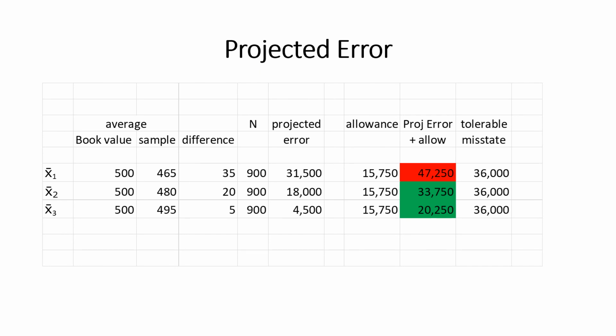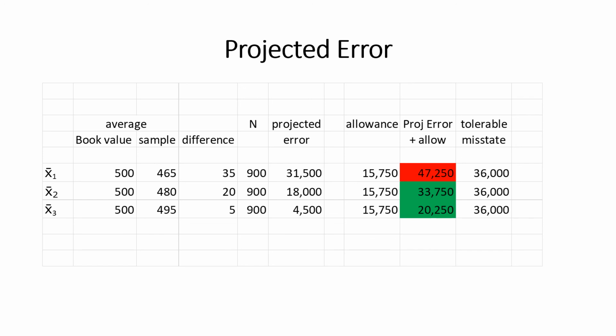So if my sample mean is 465, the difference is 35, projected error is 31,500. I add the allowance. Now this is the way the book does it. I get projected error plus allowance of 47,250. My tolerable misstatement is 36,000. I'm not happy.